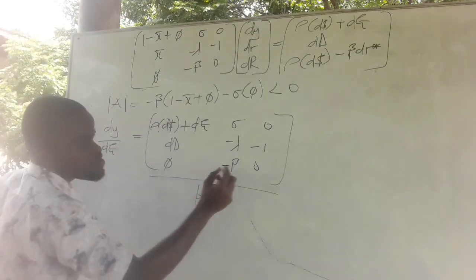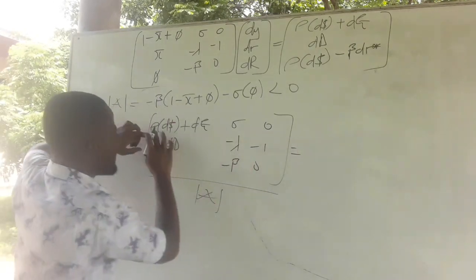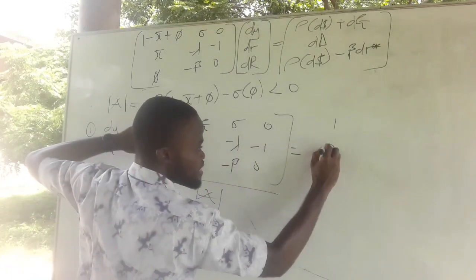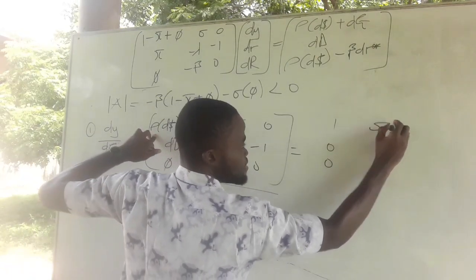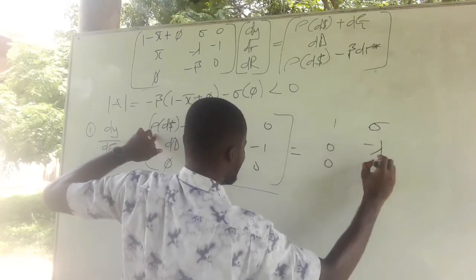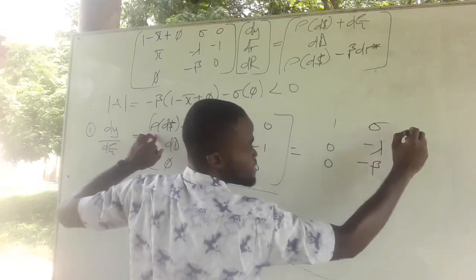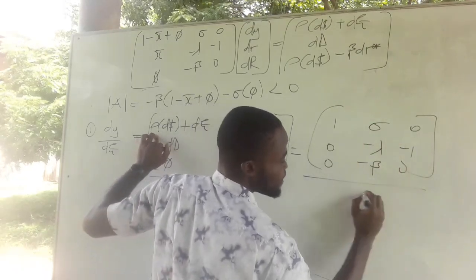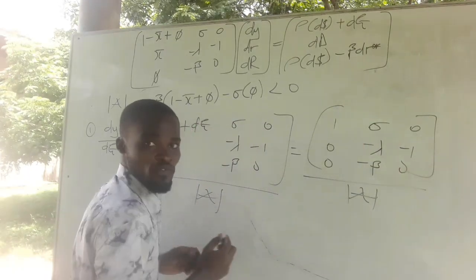So we will get a new matrix with the first row, first column, the G, so it will give us 1, 0, 0, sigma, negative lambda, negative beta, 0, negative 1, 0, all divided by our general determinant of the matrix.